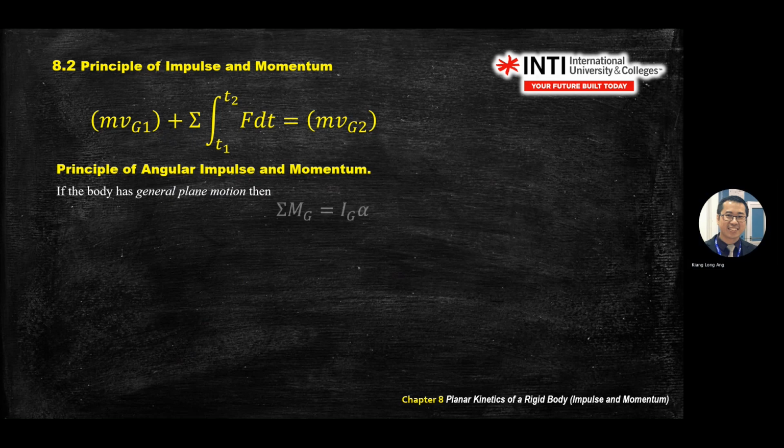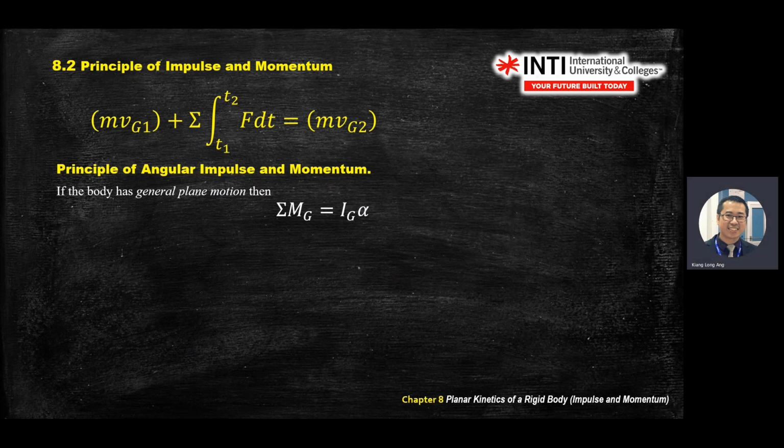So when we add one more, the word principle of angular impulse and momentum, then you need to consider the second moment of inertia, means the inertial effect. So if you have a body that go through general plane motion, means translation plus rotation, you have two motion, then the moment at center of mass will equal to I alpha.